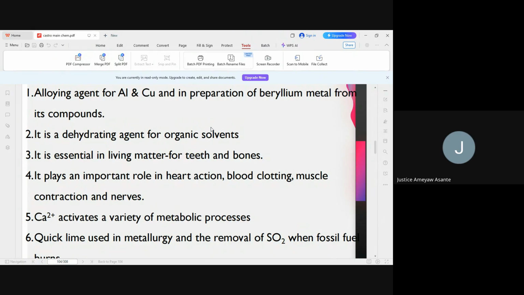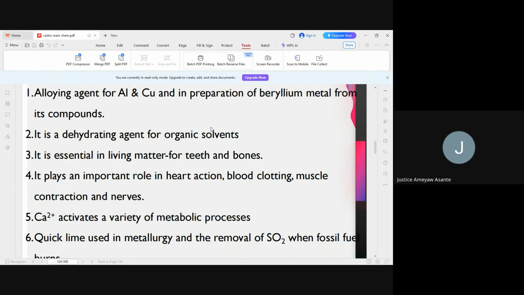And even in the preparation of gases, it can absorb carbon dioxide, or when you are preparing oxygen or ammonia gas, it is used to absorb water.